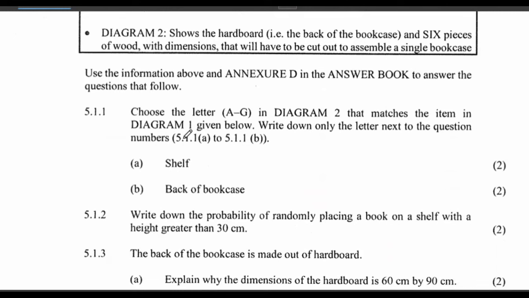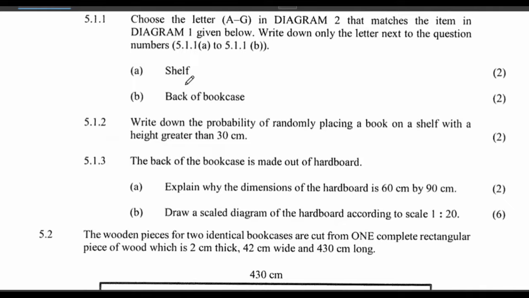Use the information above and annexure D in the answer book to answer the questions that follow. Choose the letters A to G in diagram 2 that match the item in diagram 1 given below. Write down only the letter next to the question number.